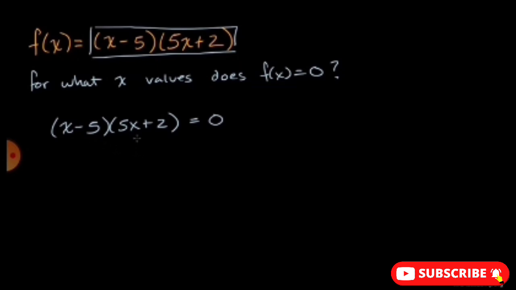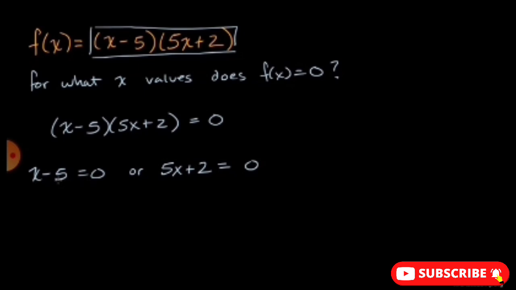So there are two situations where this could happen, where either the first expression equals 0, or the second expression, or maybe in some cases you'll have a situation where both expressions equal 0. So we could say either x minus 5 is equal to 0, or 5x plus 2 is equal to 0.